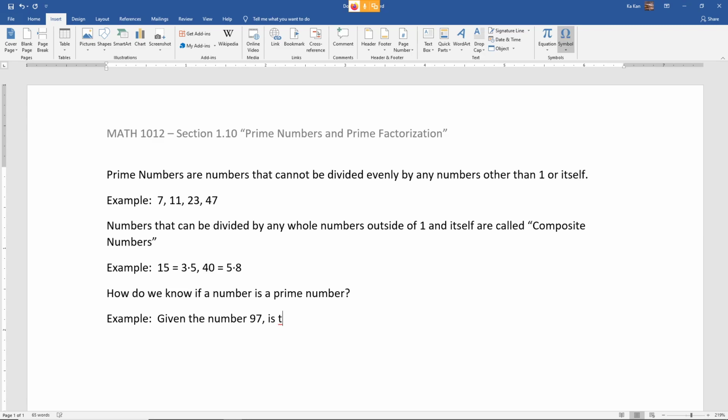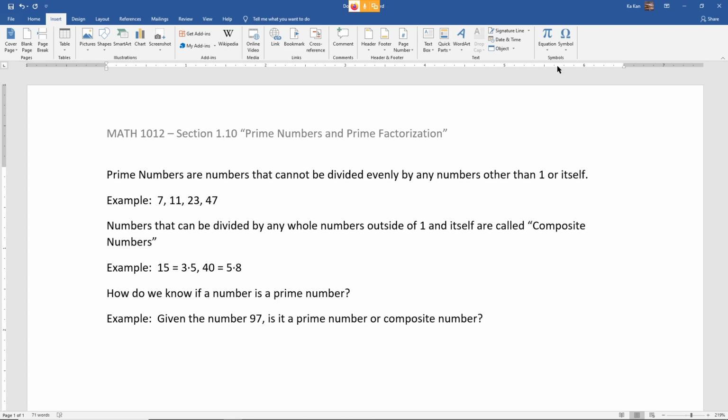Is it a prime number or a composite number? So the problem with 97 is it's a big number, right? And you don't want to be doing the calculation for the entire hour, just trying to find numbers that can go into 97. So here's what I do.